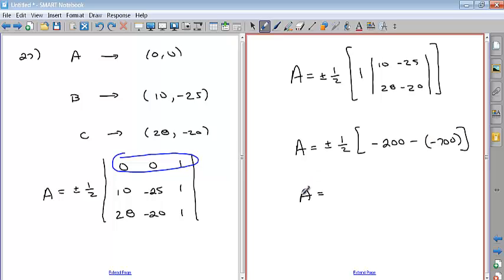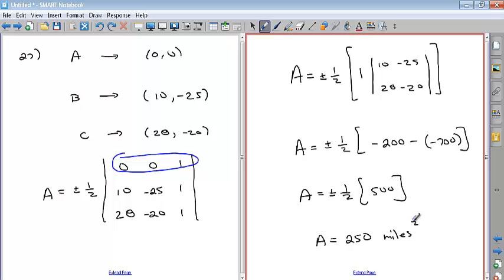So you get plus or minus a half, and we've got negative 200 plus 700, so that's 500. So the area is going to be half of that, and we use the plus, so it's going to be 250 square miles.